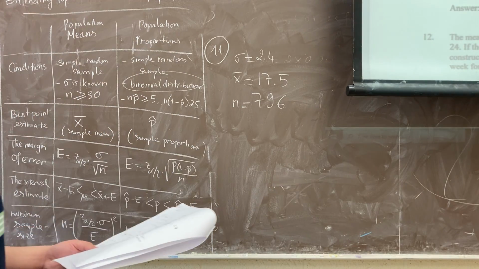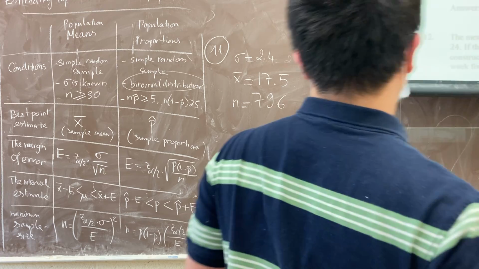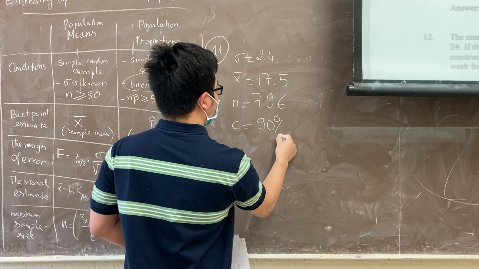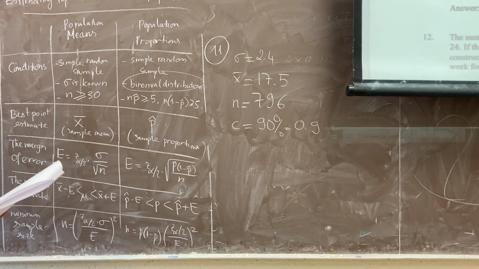And they also give you the confidence level, which is 90%, or 0.9. Okay, we have all the information. So we can use it to find the margin of error when you want to calculate the interval estimate.